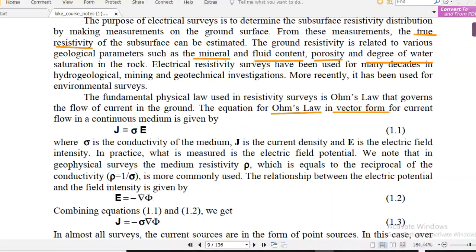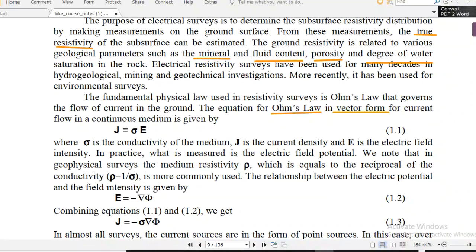The relation between electrical potential and field intensity is given by: the field intensity E is given by the grad of phi.